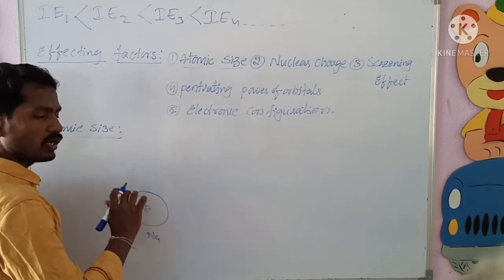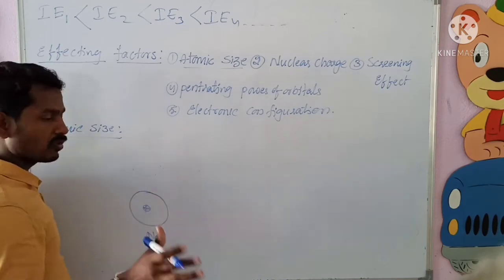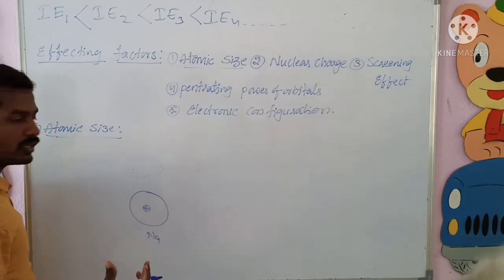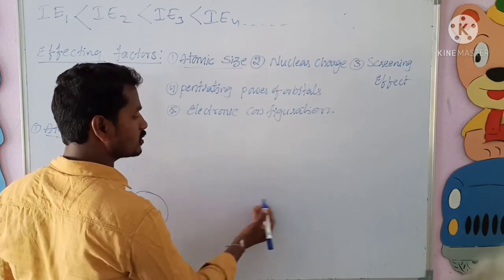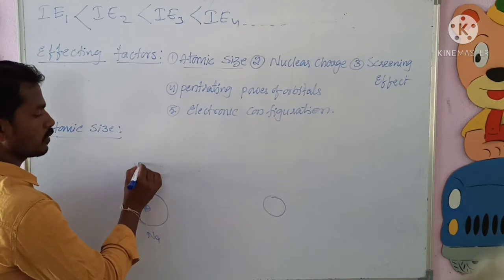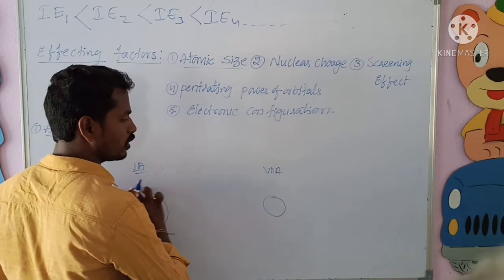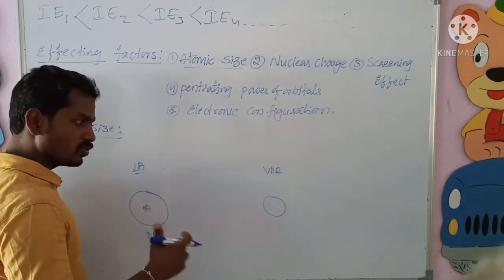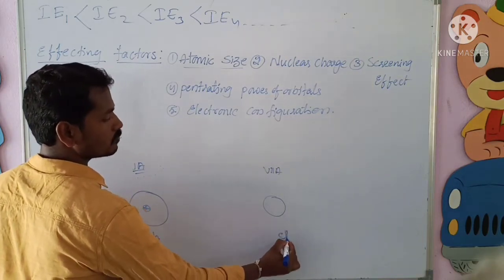In periods, from left to right, size will decrease. Take the seventh group element, chlorine, in the same period as the first group element. From left to right, the size decreases.